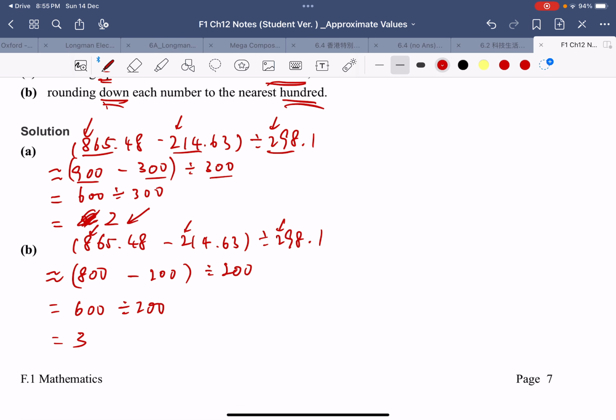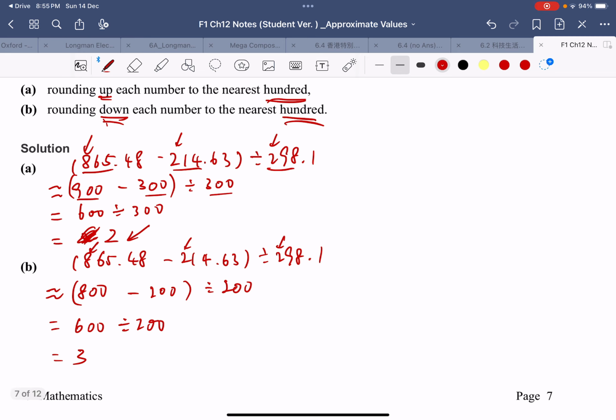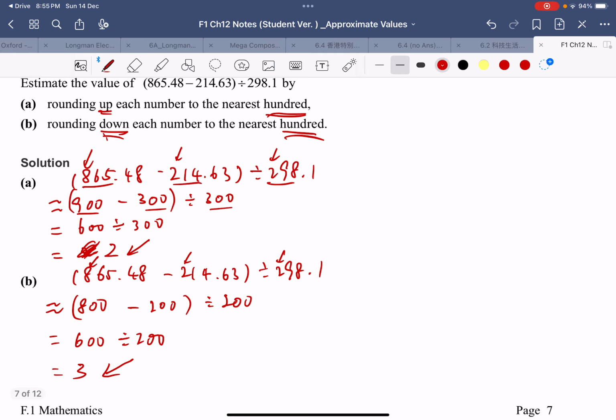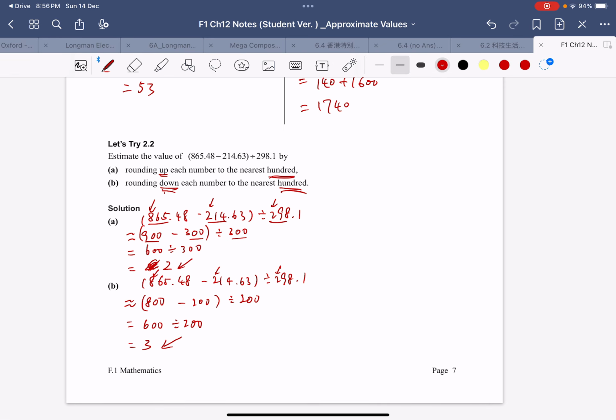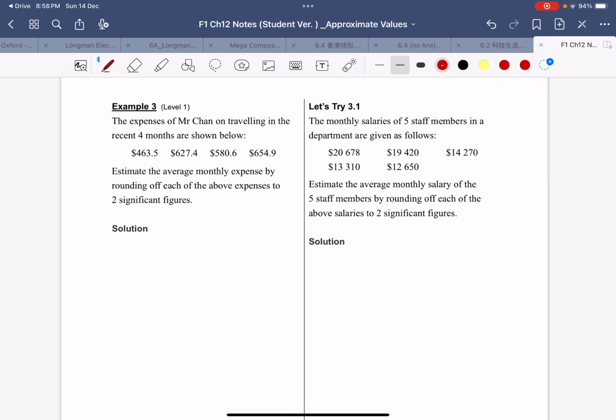And these results, of course, are different when you round down each number. You got 3. Okay, it all depends on your estimation process. So different estimation will get different results.